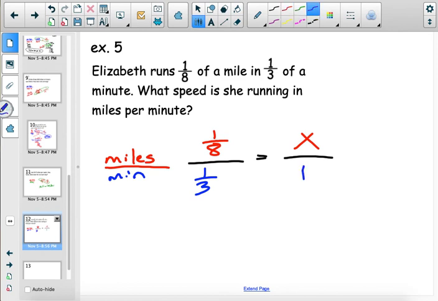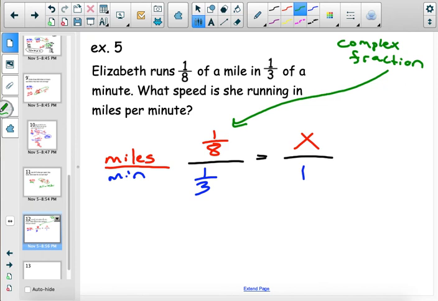Okay. Draw an arrow off to the side. This right here is called a complex fraction. You're allowed to have a fraction over a fraction. They call it complex, probably because it looks confusing. You still follow the same rules.